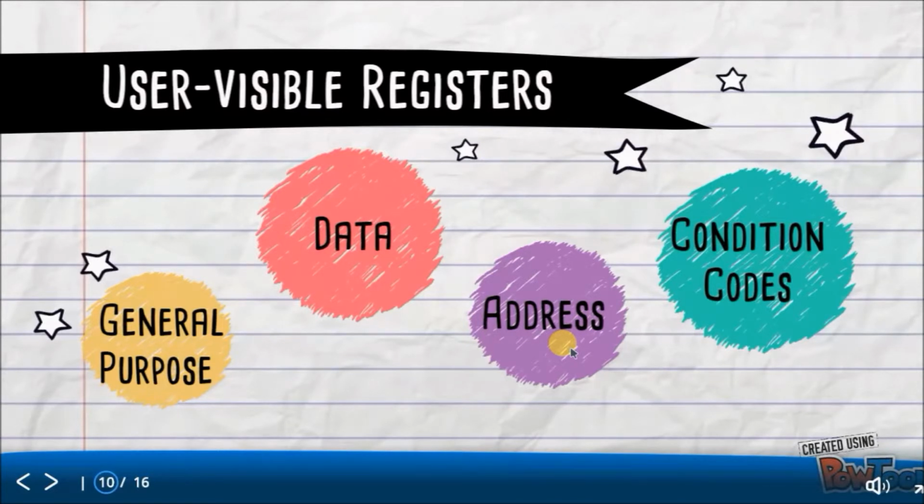So the address register is not specific for address only, but may also act as general purpose. Lastly, the condition codes in user visible register are partially visible to the user. They are bits set by the processor hardware as the results of operations.